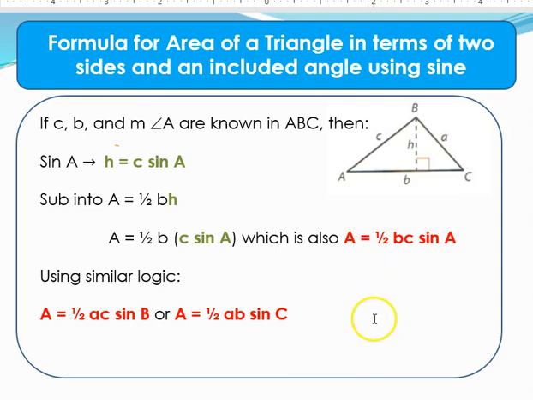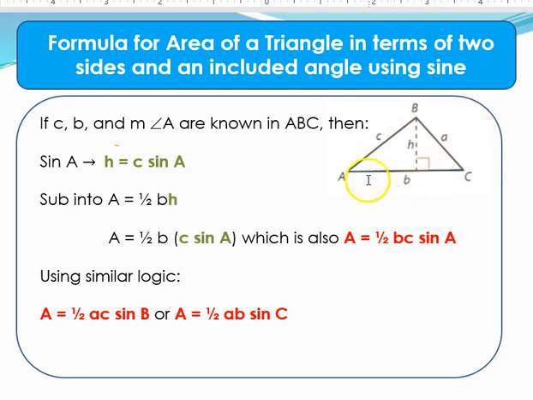Using similar logic, you can also state that the area equals 1/2 AC sine B, or 1/2 AB sine C. Now, what does this mean?